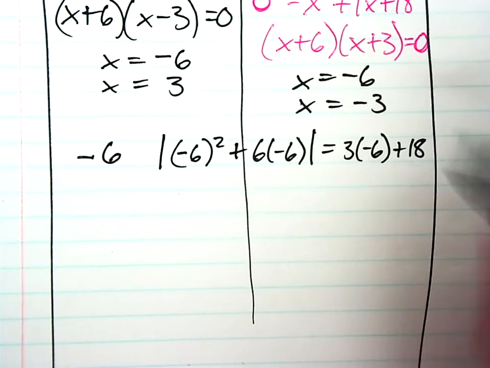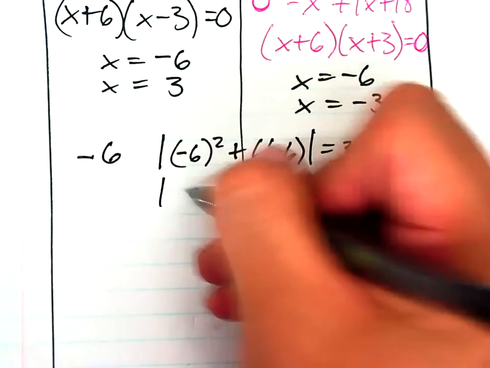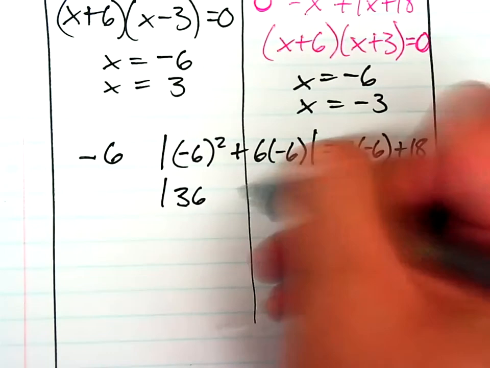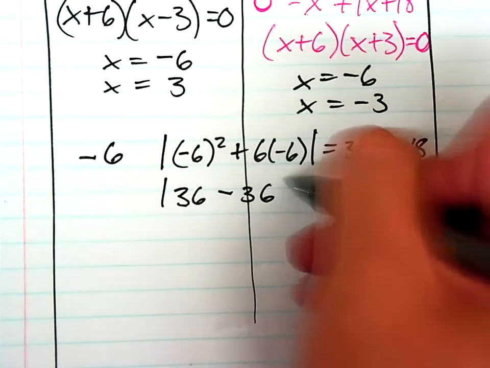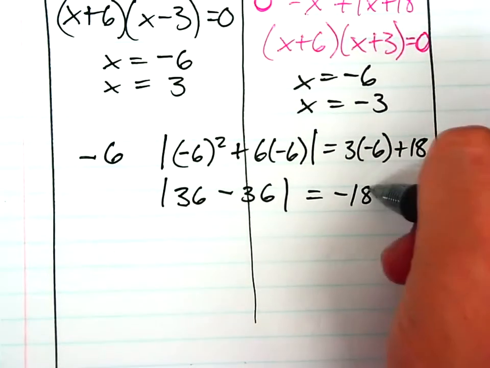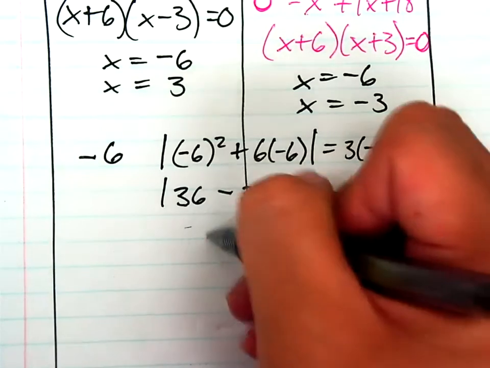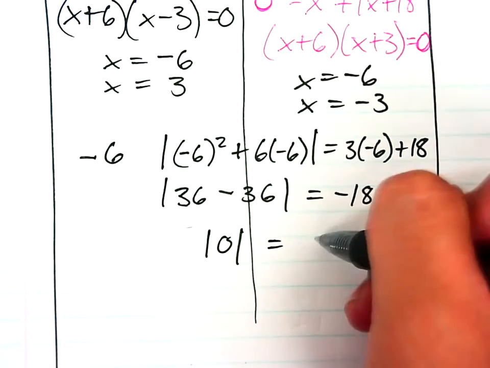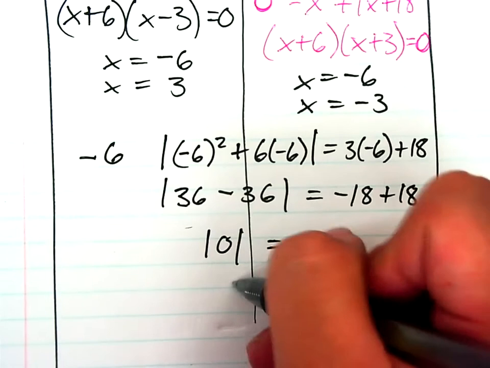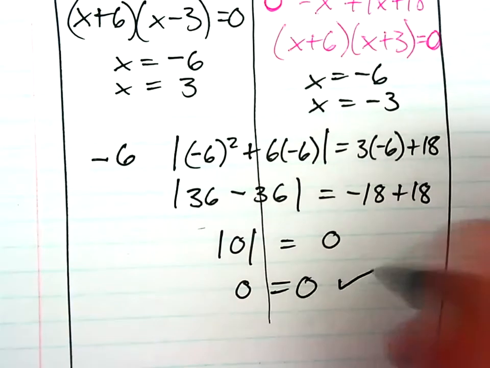Okay, so that's going to give me the absolute value of 36 minus 36, negative 18 plus 18. So I get the absolute value of 0, 0, and because 0 is equal to 0, negative 6 works.